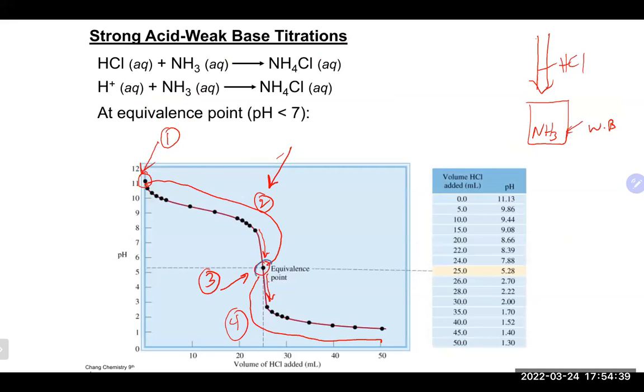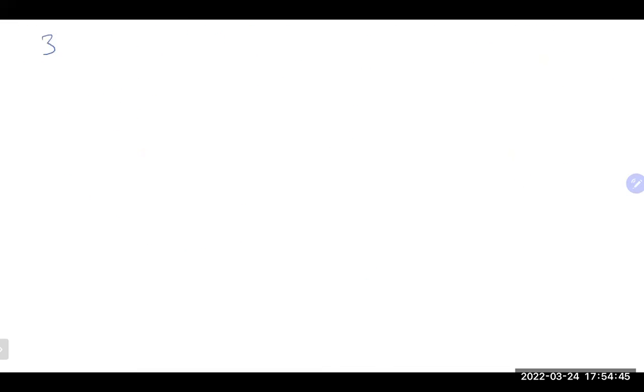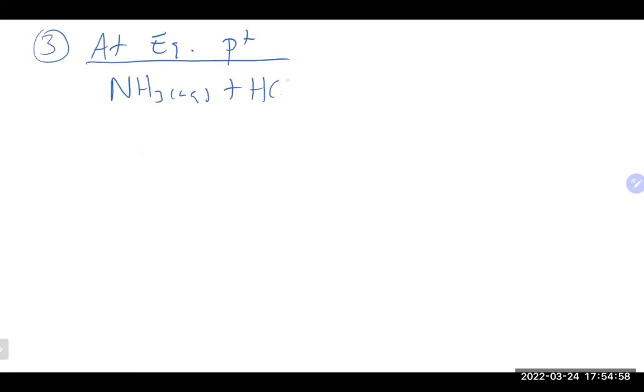That brings us to our favorite part, which is the equivalence point. At the equivalence point, we are definitely adding stuff. So we'll have our same reaction, which will be NH3 plus a little HCl.